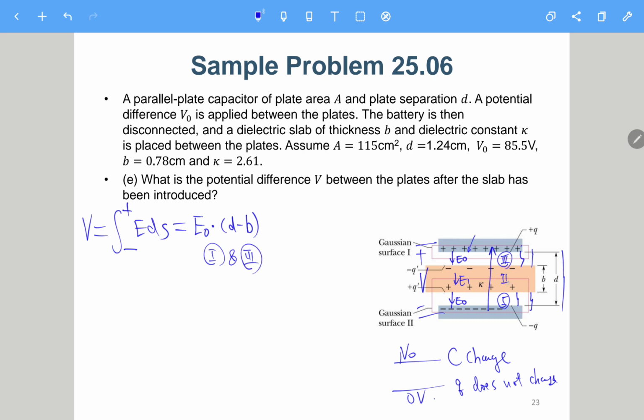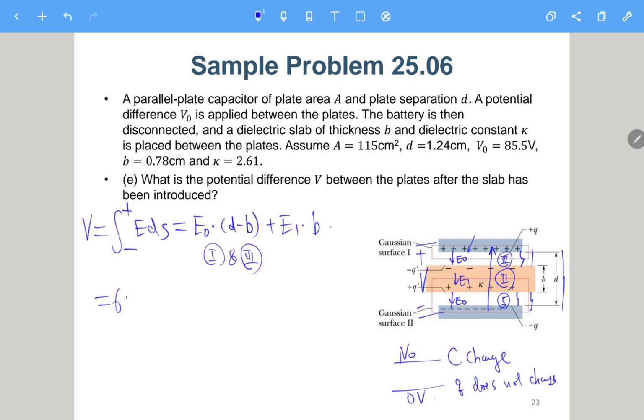The remaining one is part 2, which is plus E1 times B. We already calculated E0 and E1, and we have D and B, so we just need to plug in the numbers.